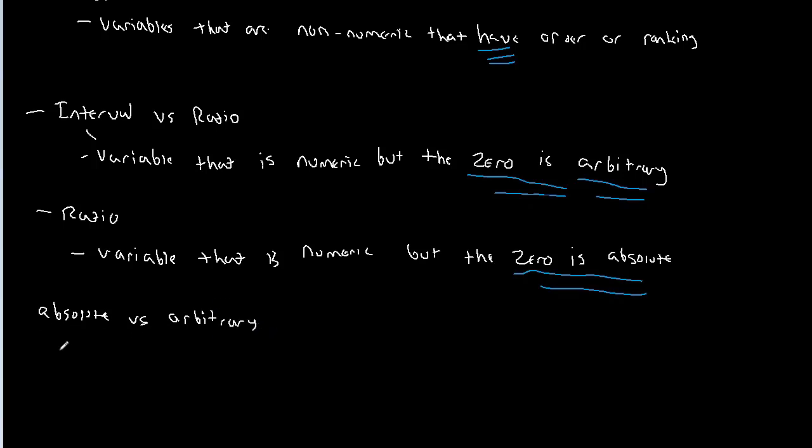Basically the question is, does 0 mean 0? And what do I mean when I say does 0 mean 0? What I mean is, does the number 0 truly represent nothing?